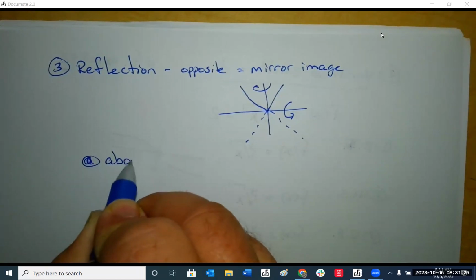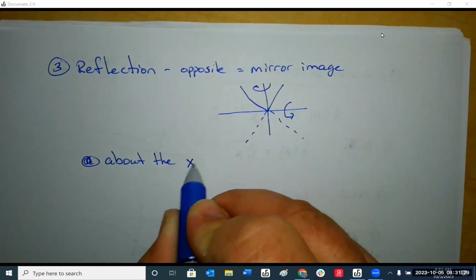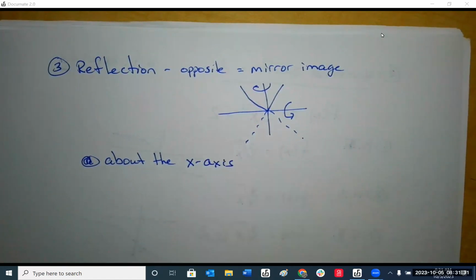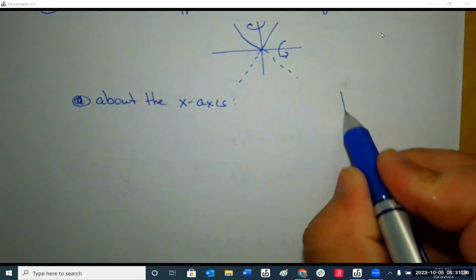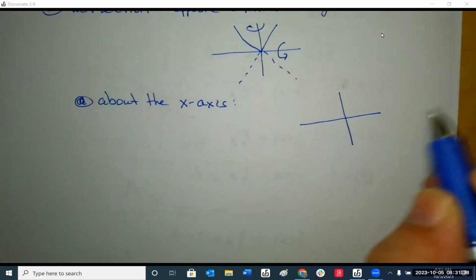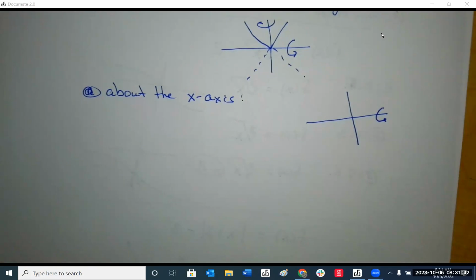So about the x-axis. If something flips across the x-axis, what values change and how do they change?